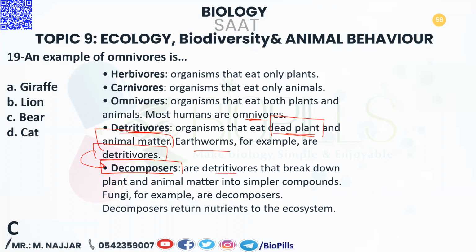They are detritivores that break down the dead, decaying organic matter of the plants and animals into simpler components, basic units, and they are making them available again for the soil in order to be absorbed and used by the producers again. For example, some of the bacteria are decomposers, some of the fungi are decomposers. Decomposers generally return the nutrients and make them available to the ecosystem again. So they are very, very important.